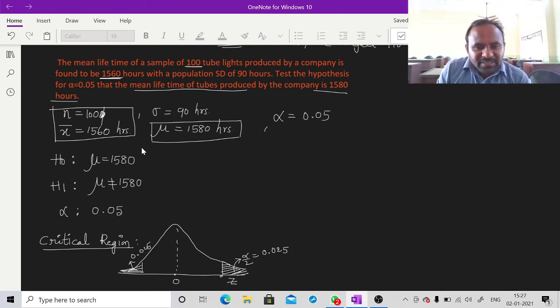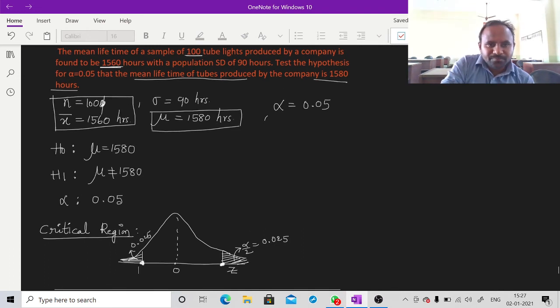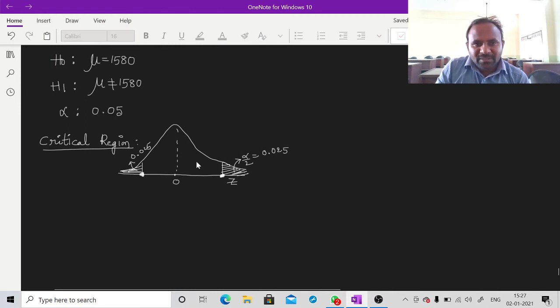The critical values, that is the z values at which the right side and left side areas are this much, are taken as critical values. For this alpha, the critical values are 1.96 and minus 1.96. We need not worry about these values. They come from the statistical table.